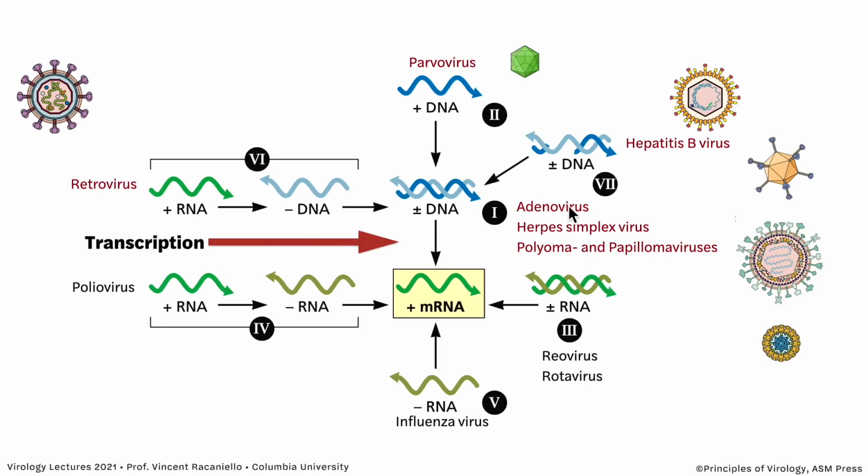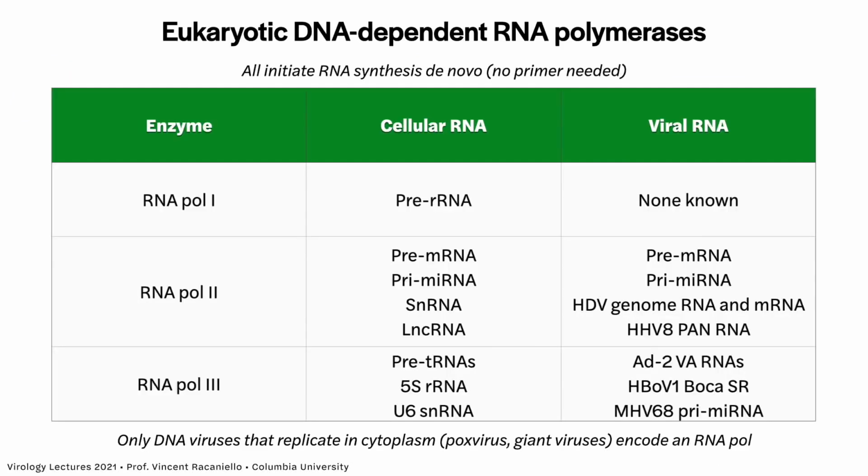And then, of course, adenoviruses and herpes simplex viruses, and there are many more. The giant viruses all have double-stranded DNA that's ready to go, poxviruses, and many others. So those right there, right upstream of mRNA, they don't need to be converted, but Class 7 and Class 2 certainly have to be, and of course the retroviruses, Class 6.